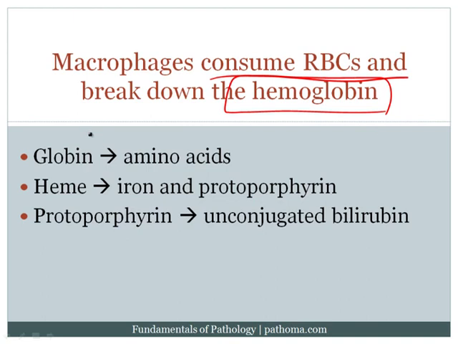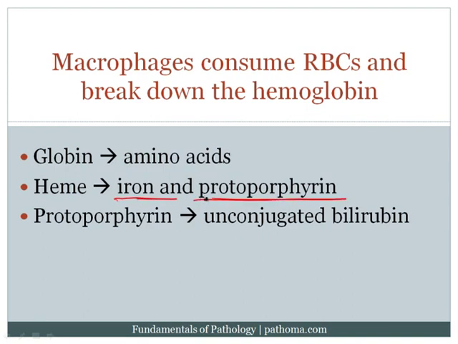The globin, which is made up of amino acids, it's a simple protein, is broken down into amino acids. The heme, which is composed of iron and protoporphyrin, is broken down into iron and protoporphyrin. The iron is recycled by the body, and the protoporphyrin is subsequently broken down into unconjugated bilirubin.